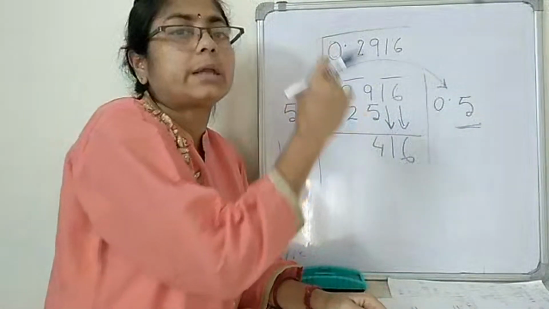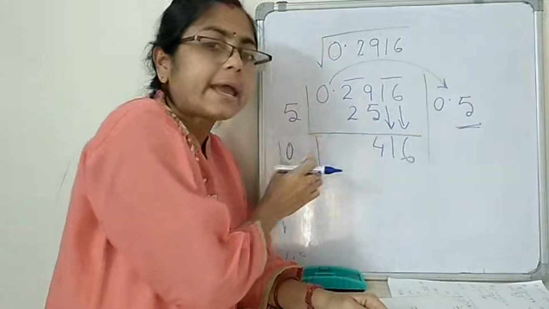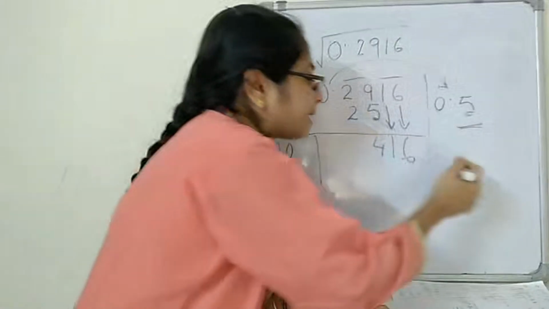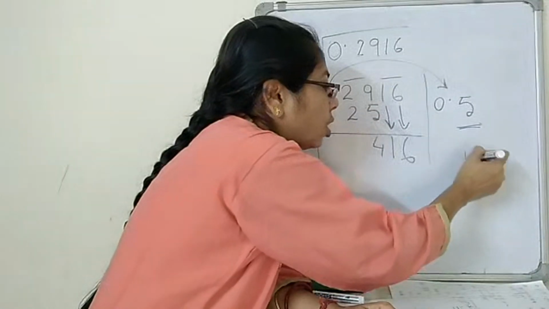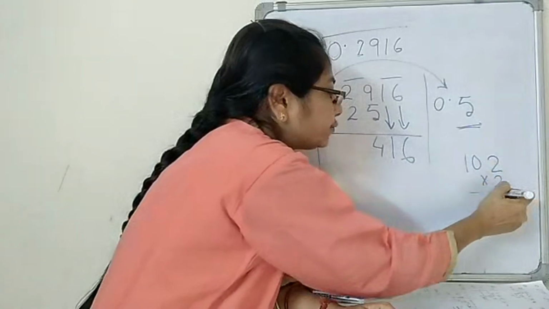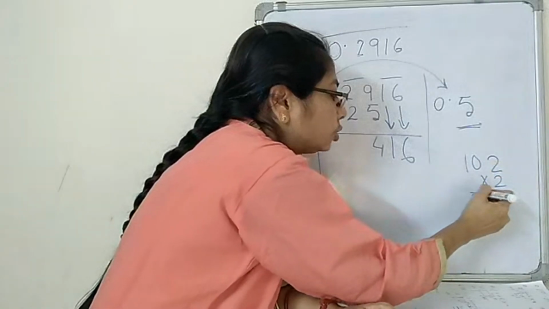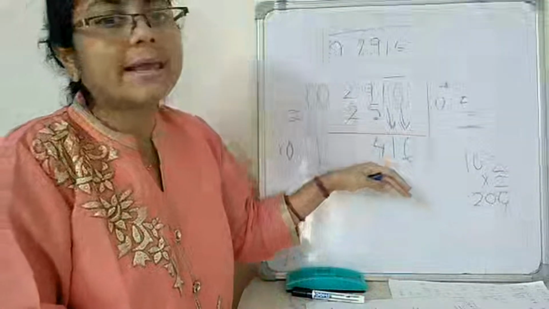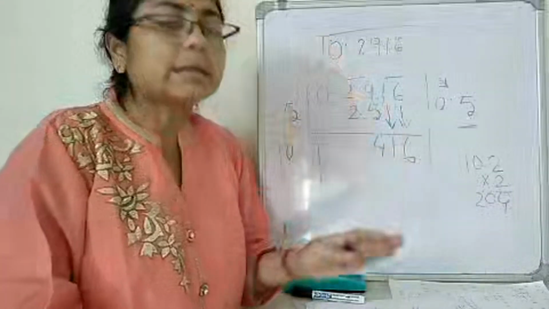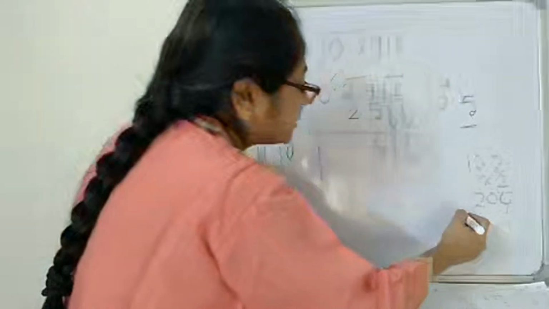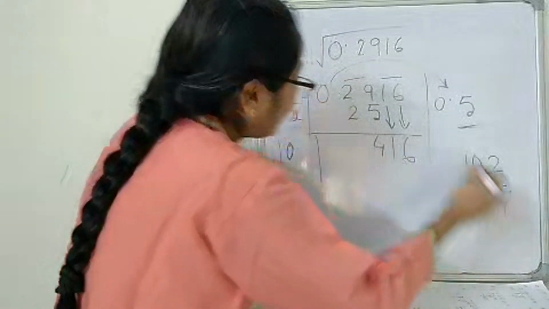I put a number beside the 10 and multiply by the same number. First I check. For checking I do 102. It is 204. But 204 is very much less than 416. So I check another number. Why do I write 4?